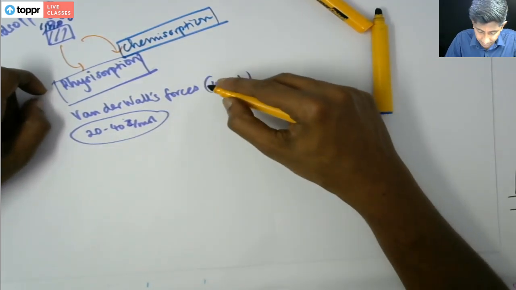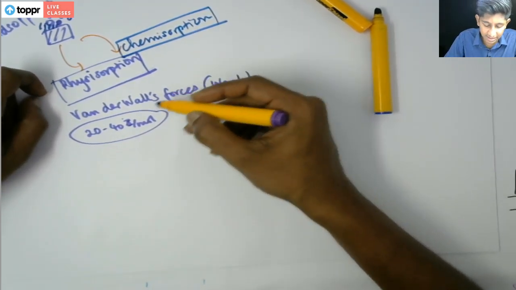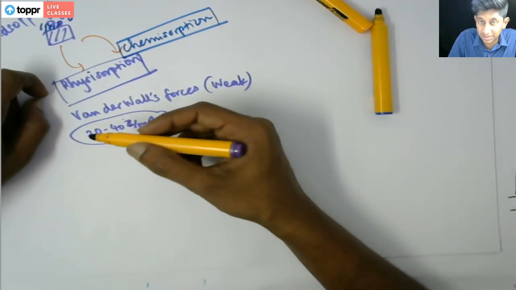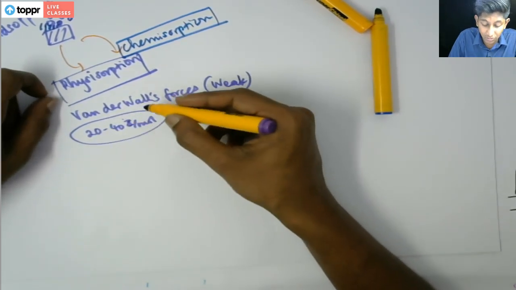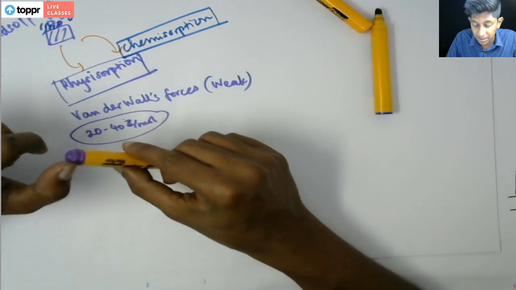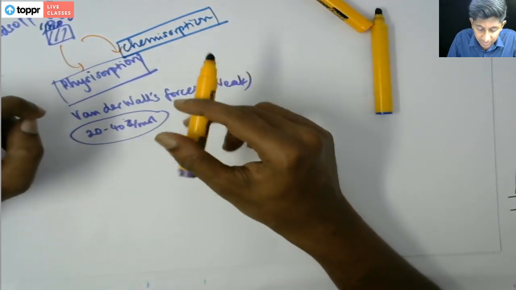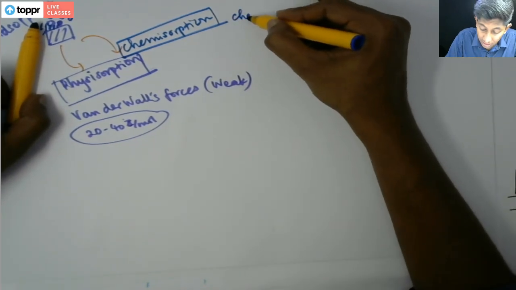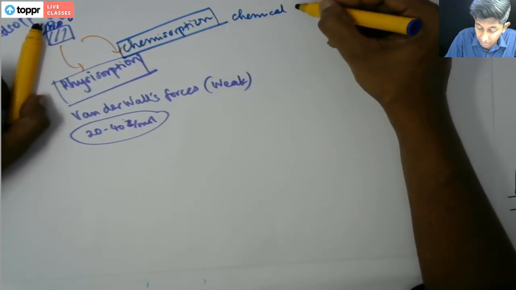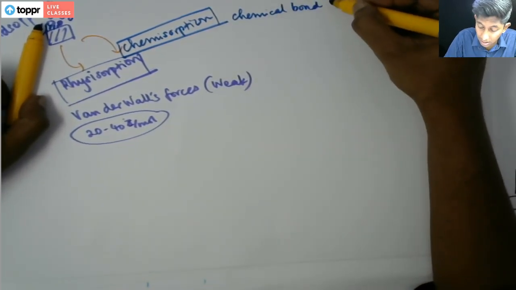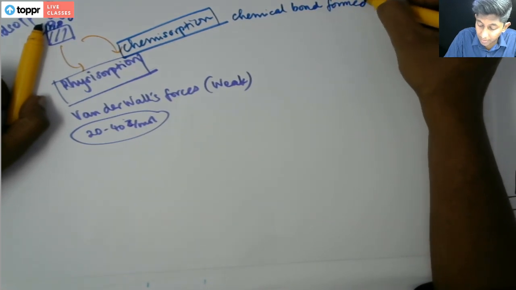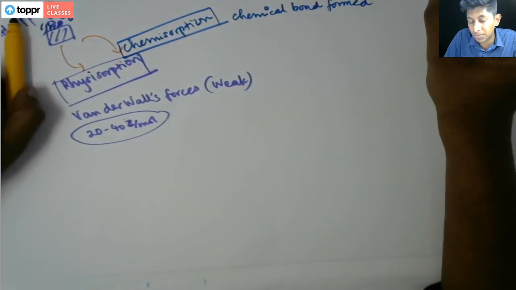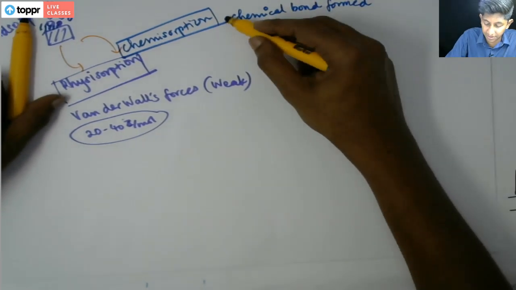There is no chemical bond, so they are slightly weaker, and desorption is much easier in this case. In chemisorption, a chemical bond is formed. I'm not going to explain much about chemisorption right now, I'm just giving you the side part.